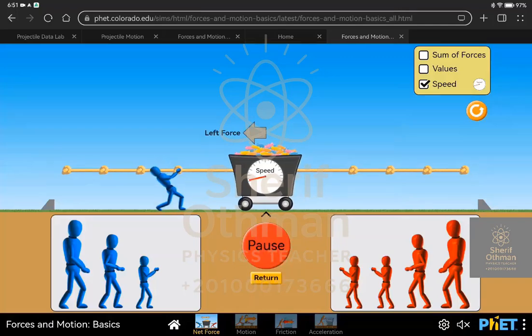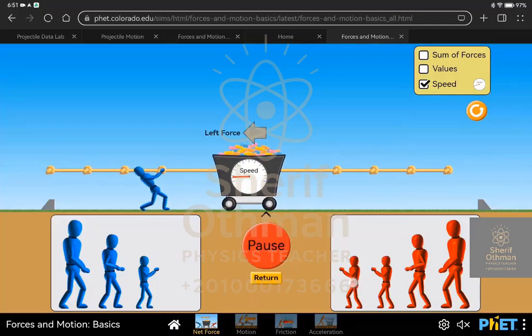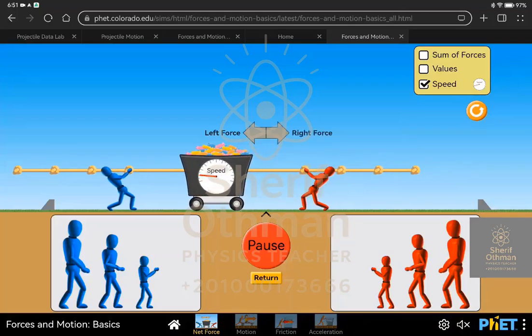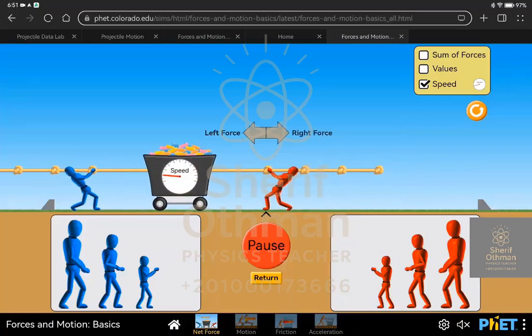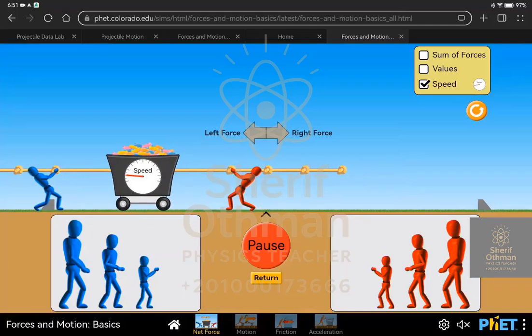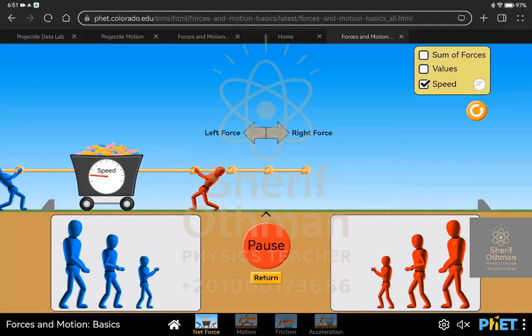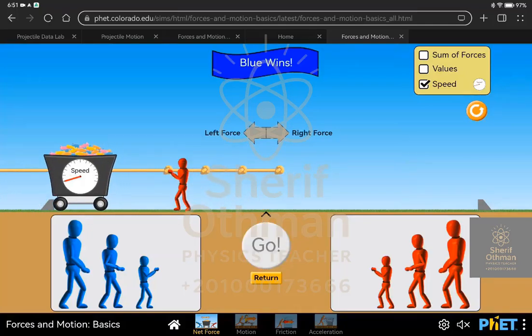So, by applying a force in the opposite direction of the same value, the object will not accelerate, but keep moving with the same velocity. So, the balanced forces keep the state of the object, as they have no effect on the object's motion.